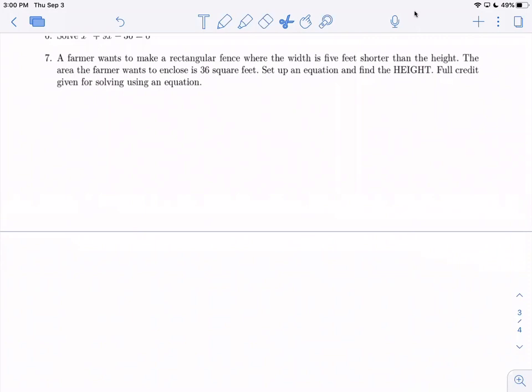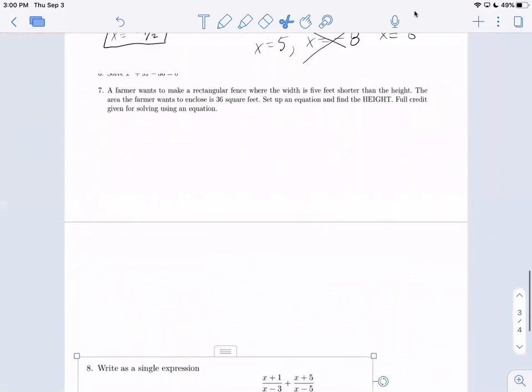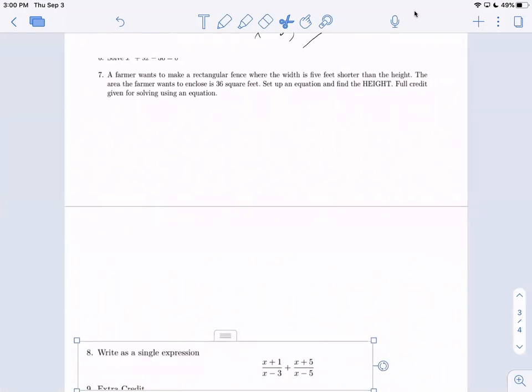Or if you think you got it or you got the first equation, you're welcome to message me at any point. Oh, and here's the second one too. I'll bring it up.